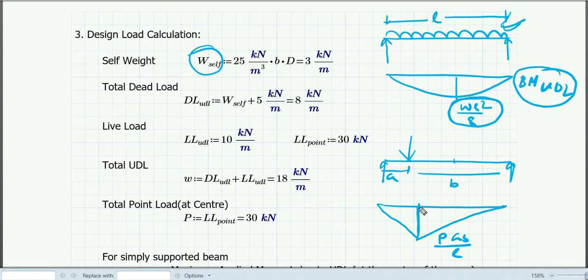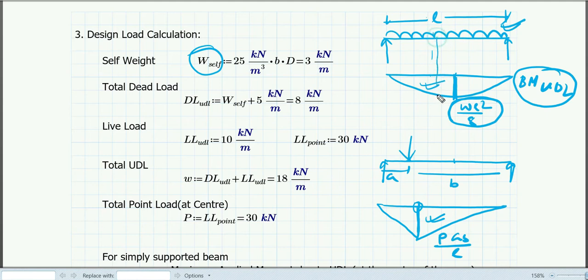But in case of a UDL, the maximum moment you will get at the center. So you have to combine both this BMD for the UDL and this BMD for the point load, and in that way find out the location of the maximum moment. Okay, so probably it will be somewhere in between.